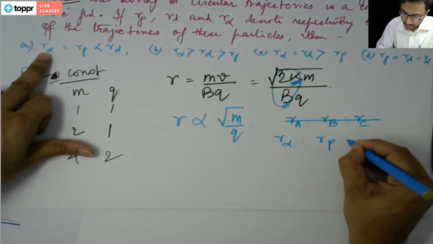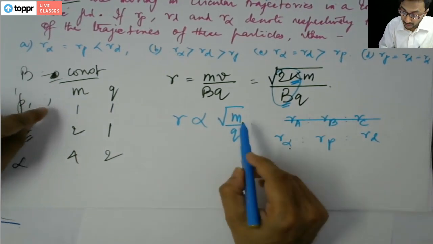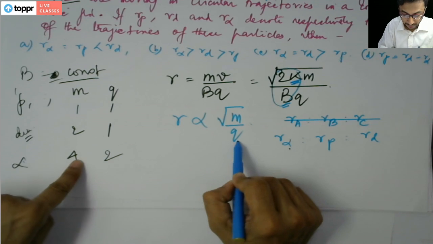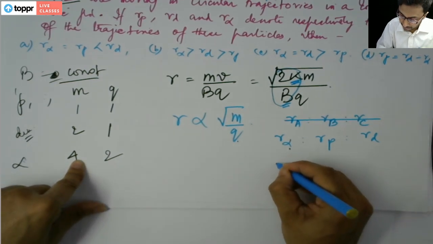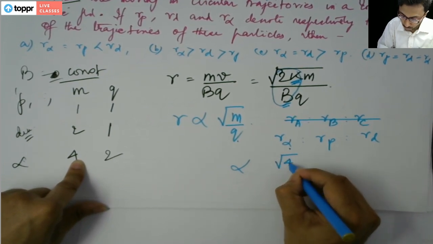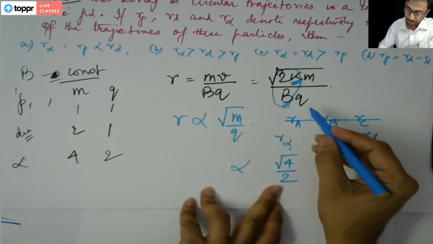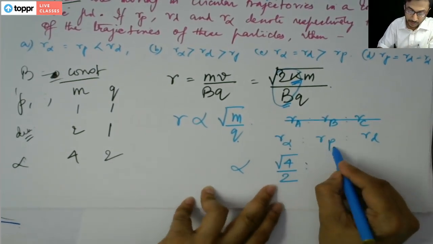RP is to RD. R alpha, for alpha, root M by Q, this will be proportional to root 4 by 2, isn't it? Q is 2. What is proton?